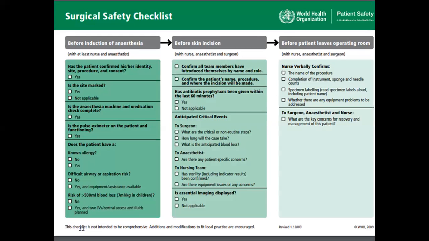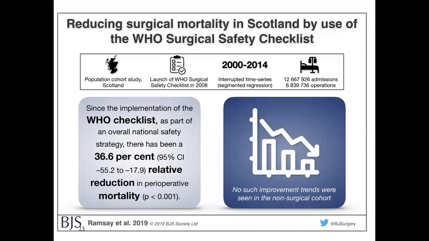Now, how does this checklist help? So here you see there was a study of reduction of surgical mortality in Scotland by the use of the WHO surgical safety checklist. So doing the study using this particular checklist that is there in the patient records, they concluded that since the implementation of the WHO surgical safety checklist as part of an overall national safety strategy, there has been a 36.6% relative reduction in perioperative mortality.